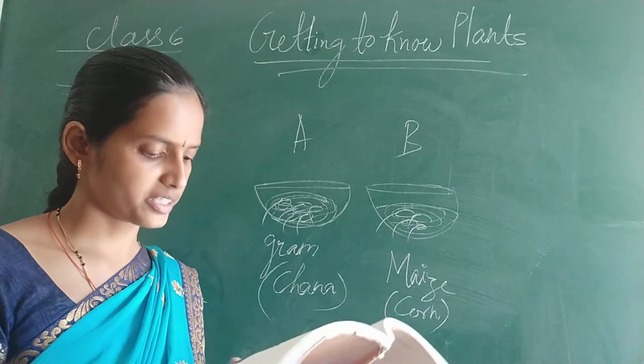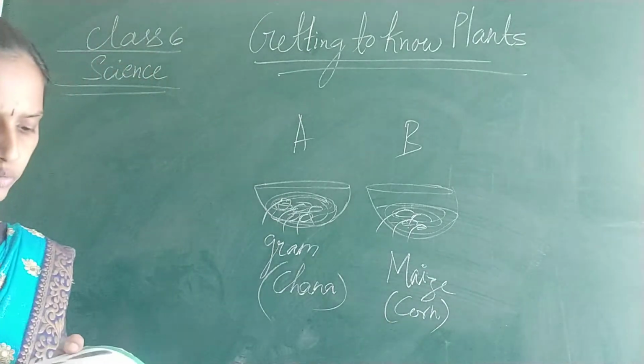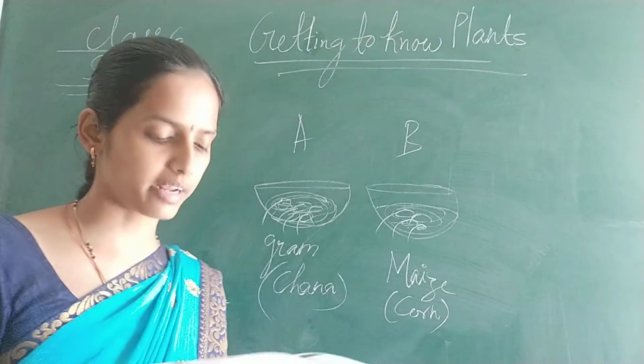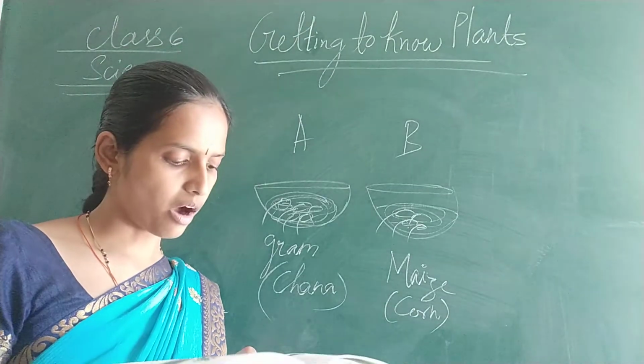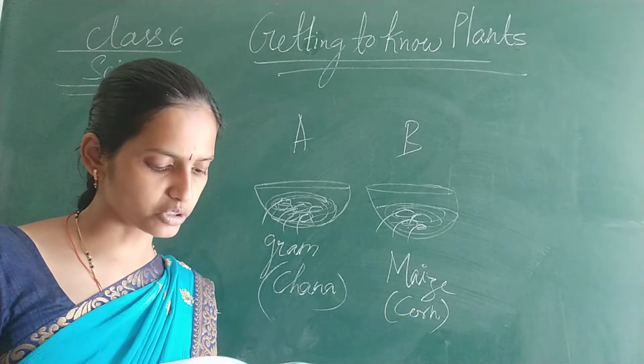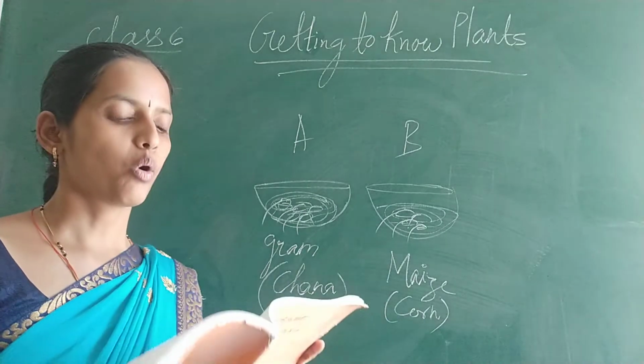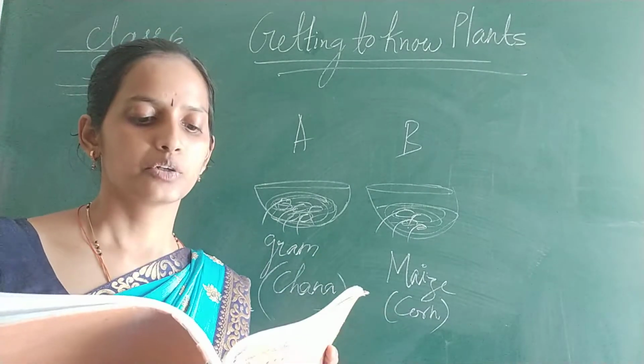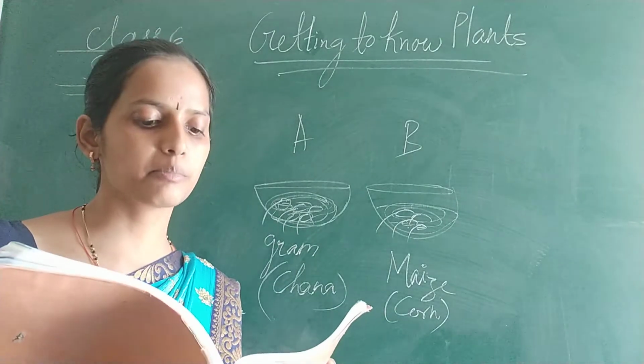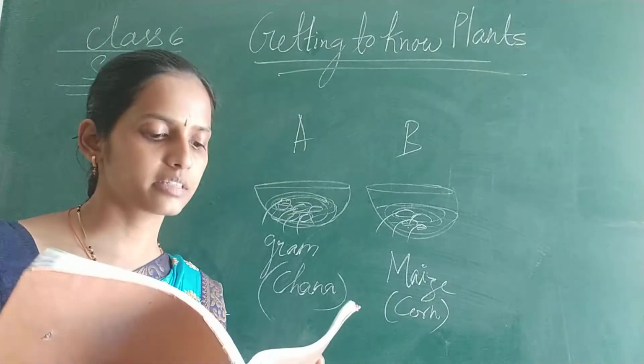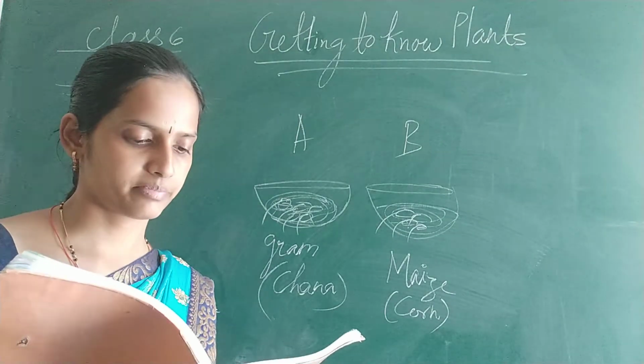In activity 6, we could not pull out the plants from the soil. We dug them out. This is because roots help in holding the plant firmly to the soil. They anchor the plant to the soil.